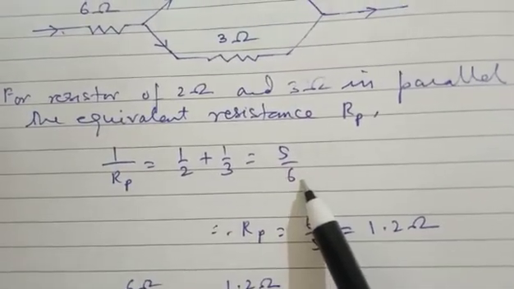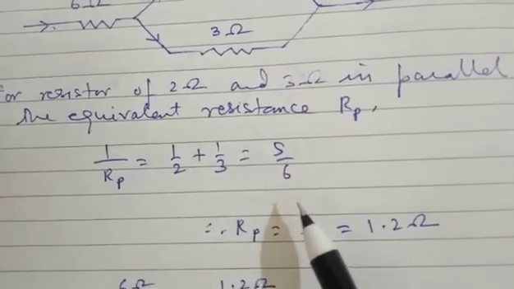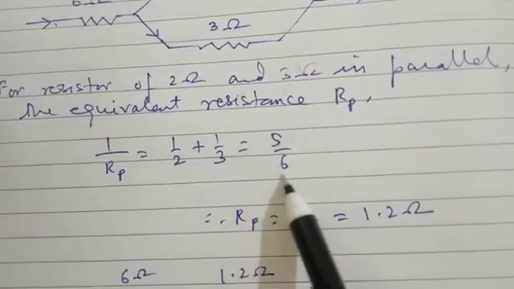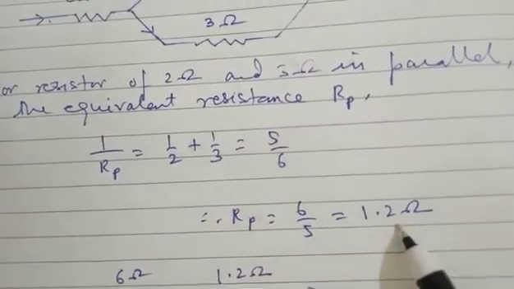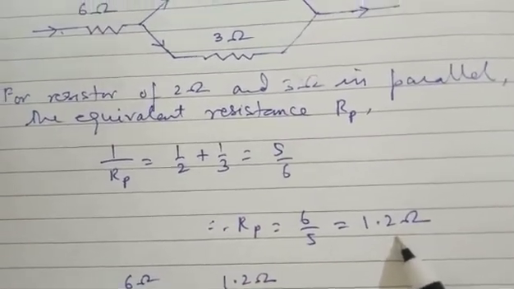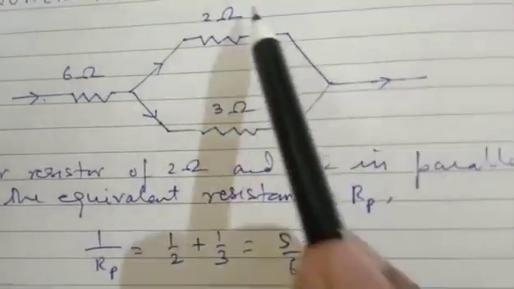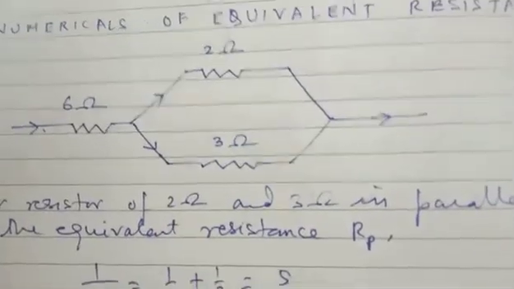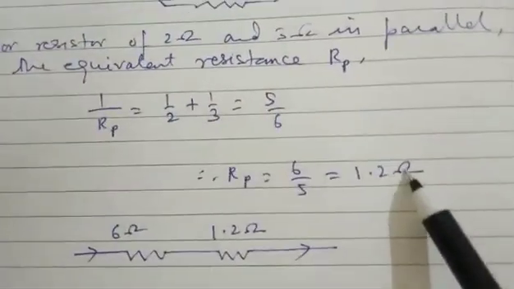But our motive is to find the value of Rp. So we will take the reciprocal of it, and that is going to come as 1.2. So the equivalent resistance of this branch, which is in parallel, is coming to be 1.2 ohm.